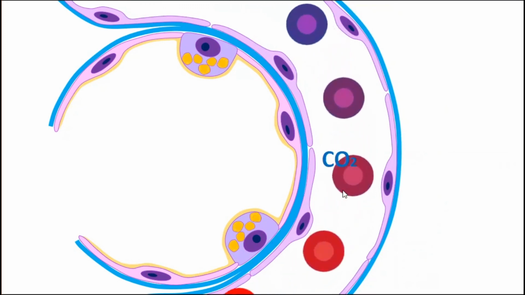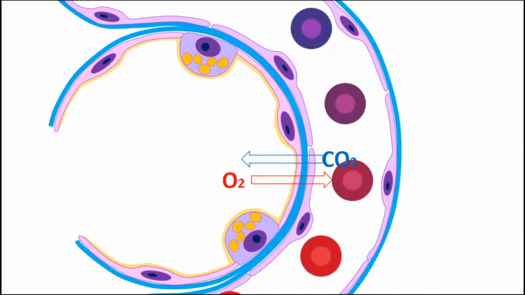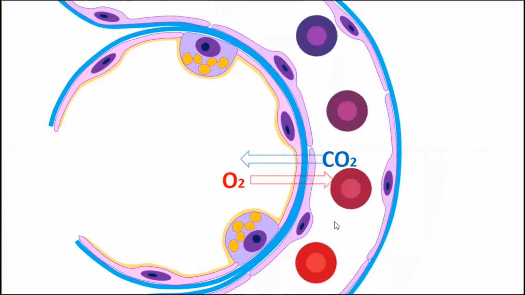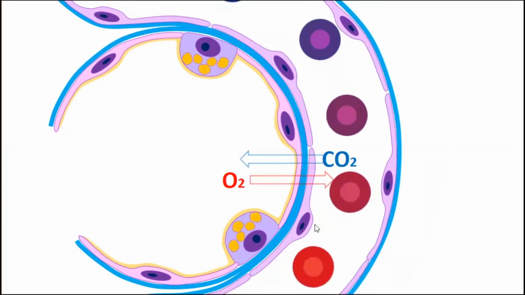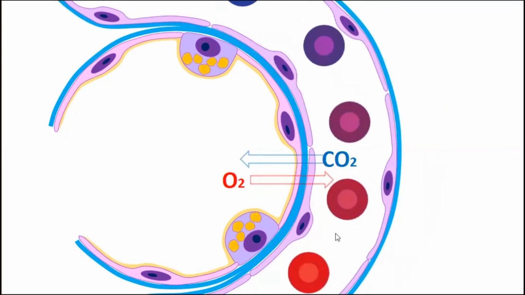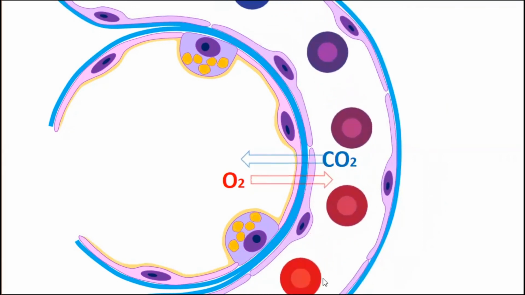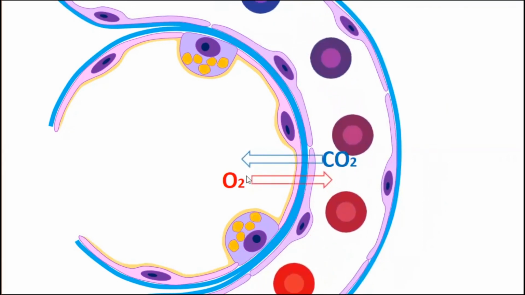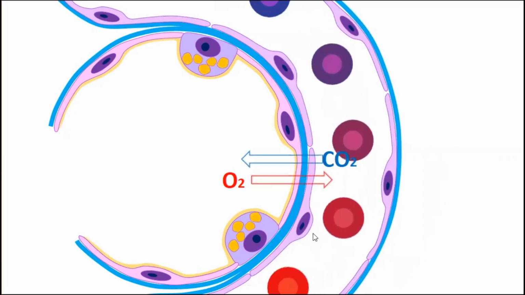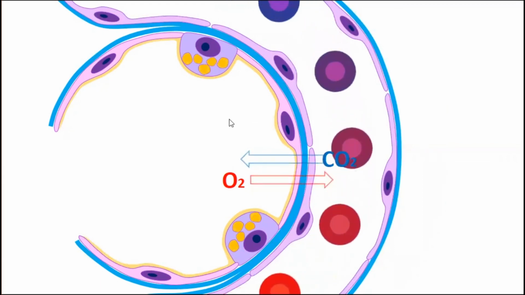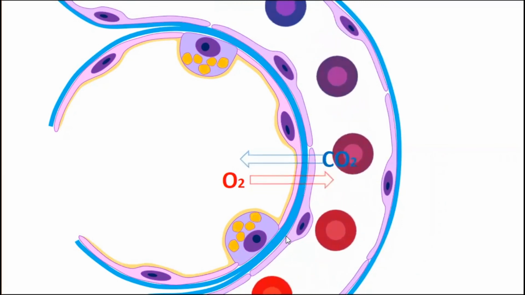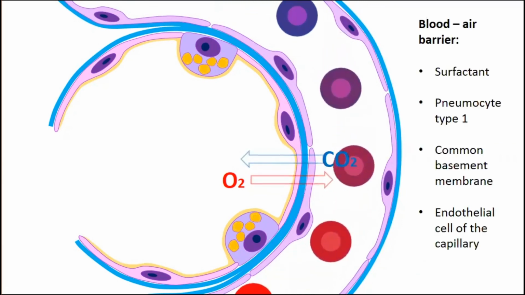So carbon dioxide is released into the air, and oxygen goes to the erythrocytes, to hemoglobin, and hemoglobin is saturated, and as a result we receive arterial blood. So here we can see gas exchange in the respiratory portion of the respiratory system. It's the main function of the respiratory system.